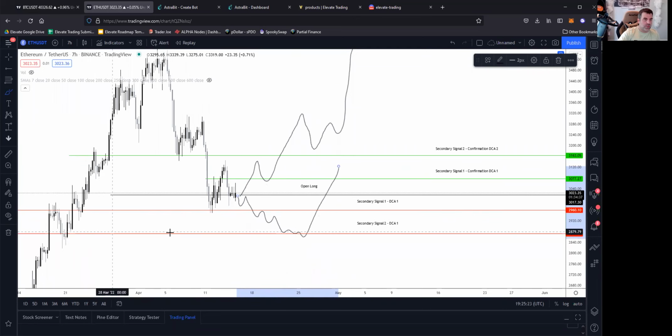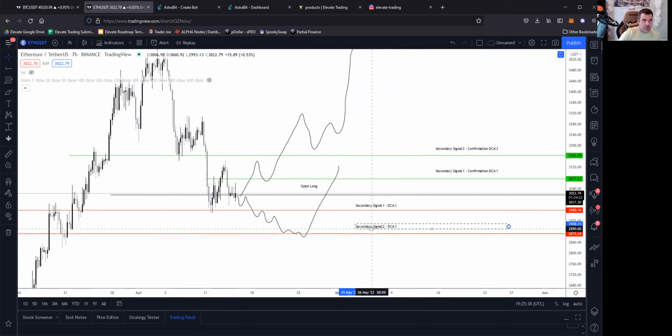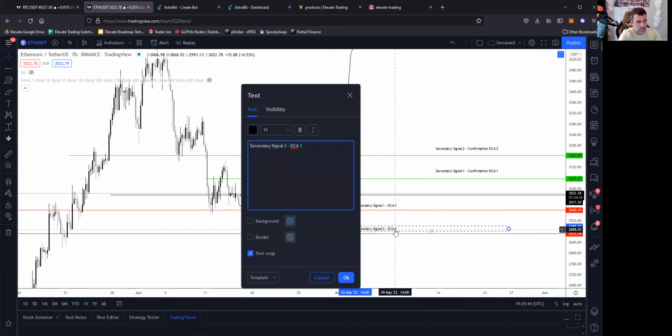Let's say it dips down to that secondary support there. I just picked some random lines here, where your first secondary signal is your DCA 1, and another secondary signal for a long on the bot is your DCA 2. That should say 2, not 11.